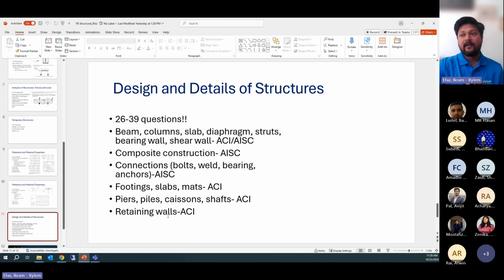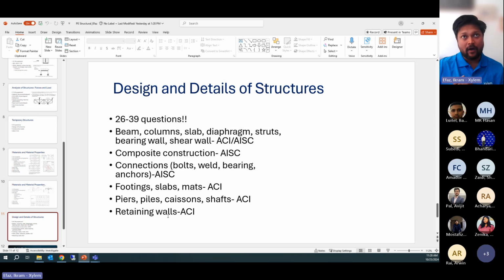Some tricks. AISC and ACI have a lot of design aids, especially AISC. It has a lot of tables for design aid. And then at the end part of the AISC, there is hand calculation, like how to calculate manually for those beams and columns. But you have to know how to use those tables, because in the PE exam, you will get a lot of questions from those tables, those design aids. Because if you start doing hand calculation, it will take you forever, but you don't have time.